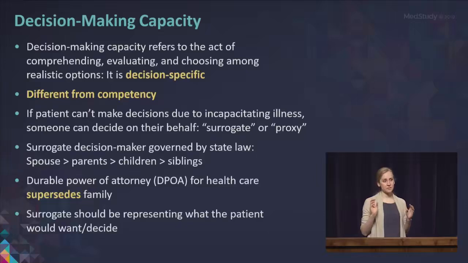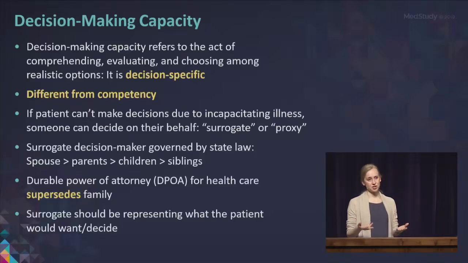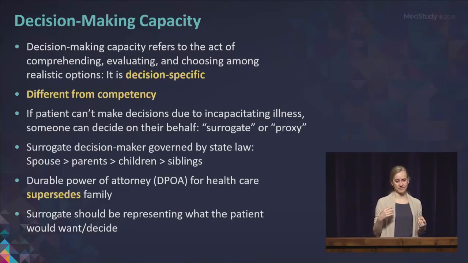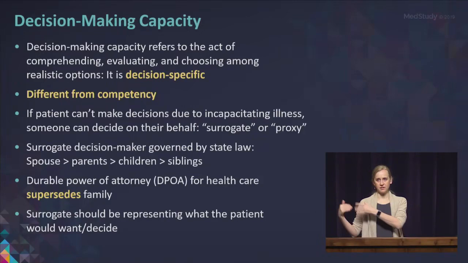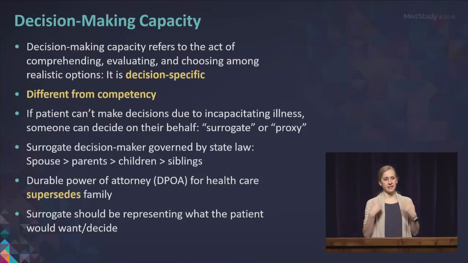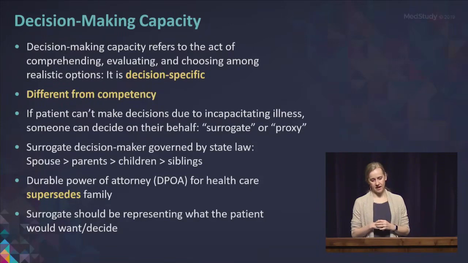And it varies depending on whether you're consenting to give care or consenting to remove care, depending on the state, but it usually goes something like spouse, followed by parents, followed by children, followed by siblings, and then it becomes next available family member, and then it often will go to people like clergy members.